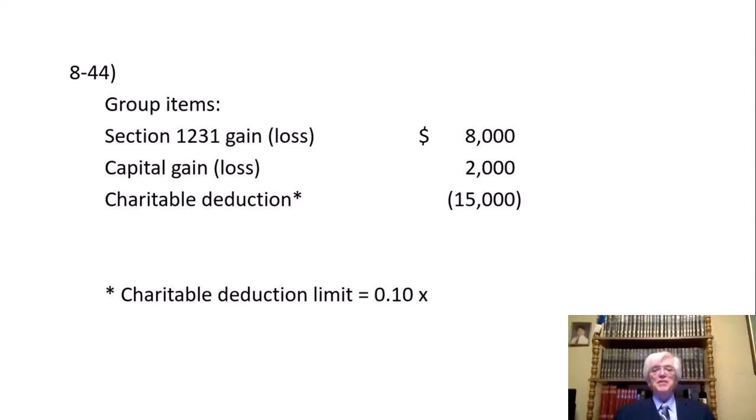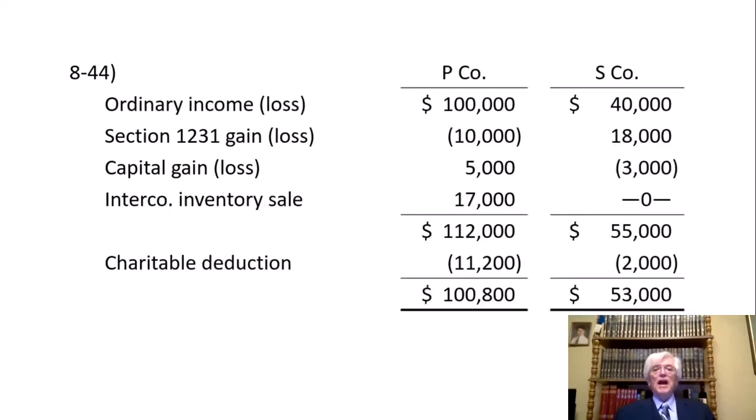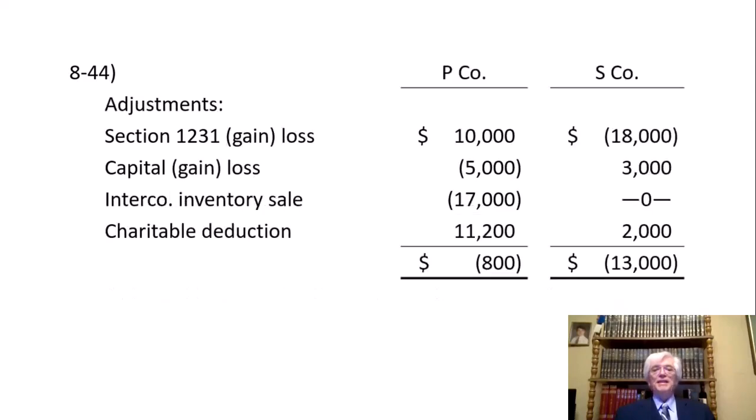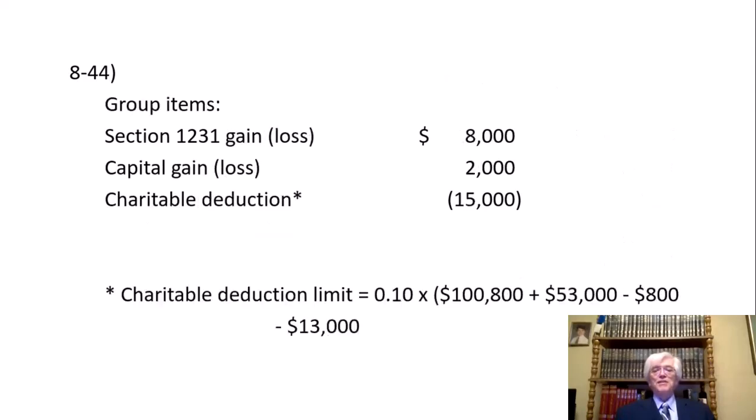Well, what's consolidated taxable income at this point? Well, our separate taxable income, $100,800 plus $53,000. So bring those in. Then we had the adjustment, negative $800 for the parent, negative $13,000 for the sub. So bring those in. And then finally, we have the section 1231 gain of $8,000 and the capital gain of $2,000. So bring those in.